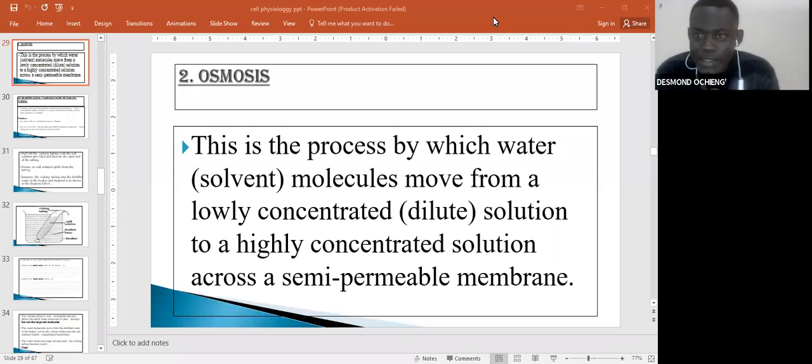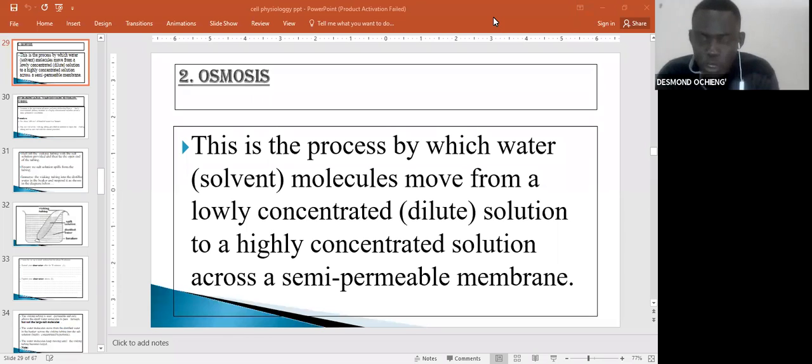Now, in our last class, just as a recap, we introduced the topic cell physiology, and I was able to outline the objectives of the topic. That means some of the things that you are expected to know or to have understood by the end of this topic.